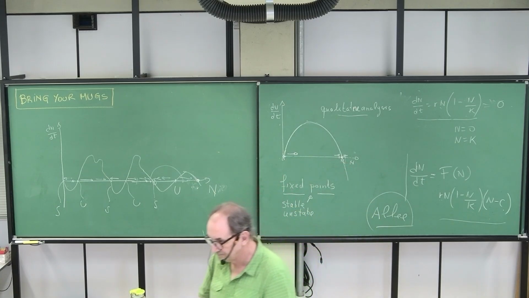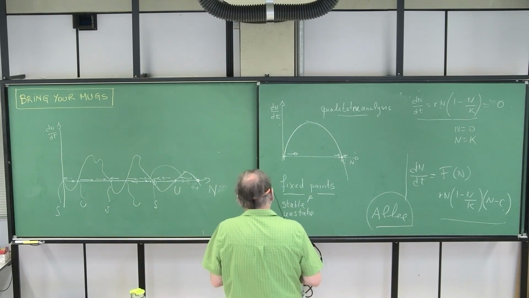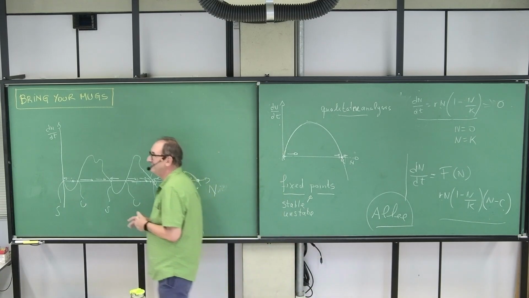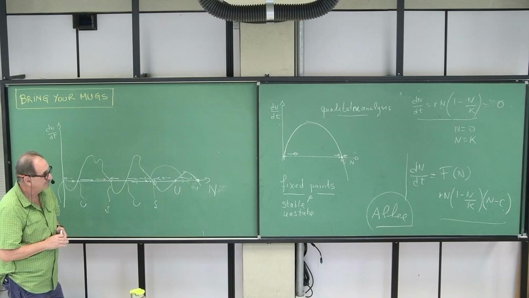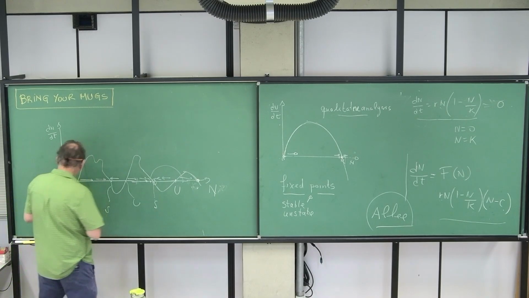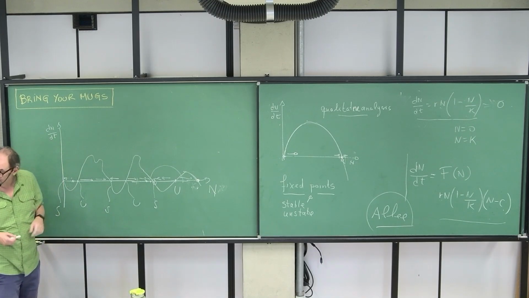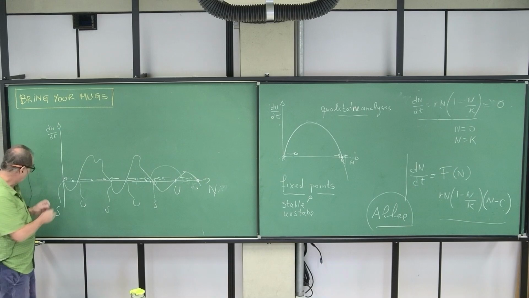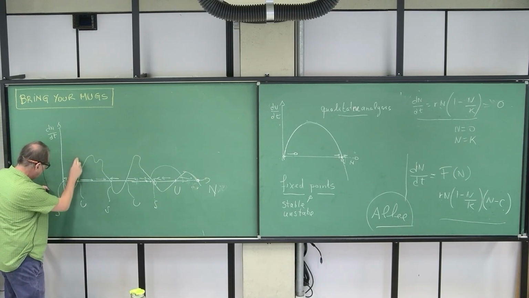Could one stable point be more stable than another? No, there's no such thing. I mean, it depends what you would say is more stable. You could say the following. Here, which points are attracted to this one? All of these go here.